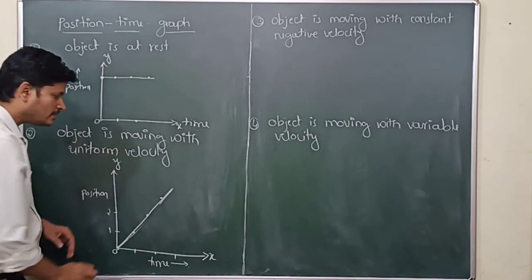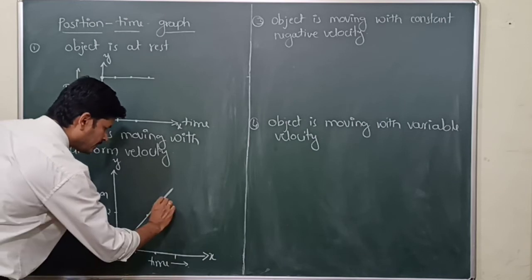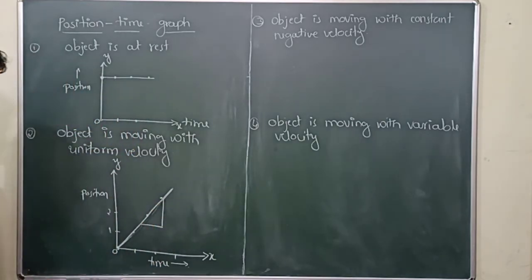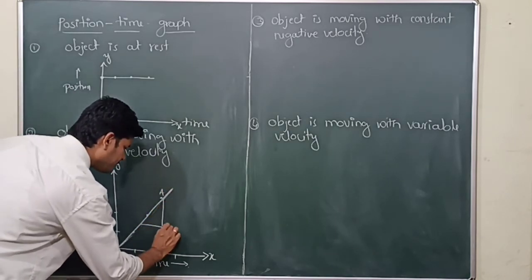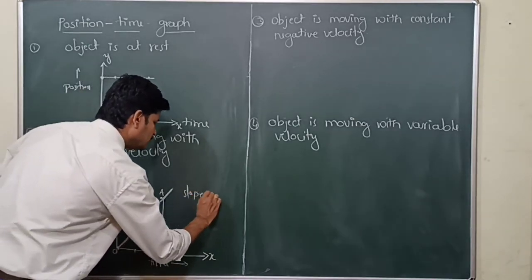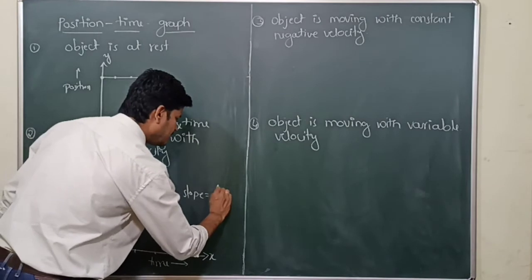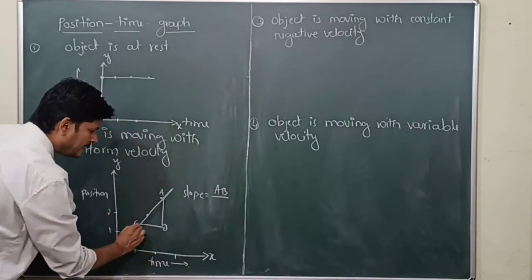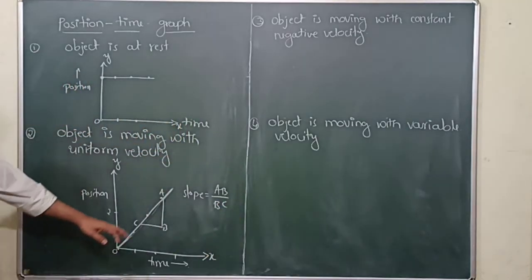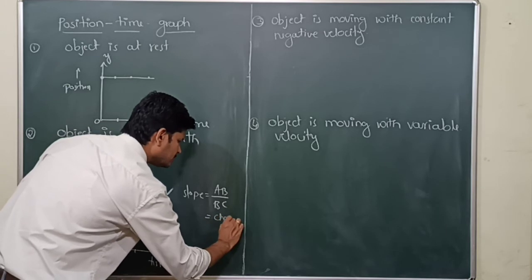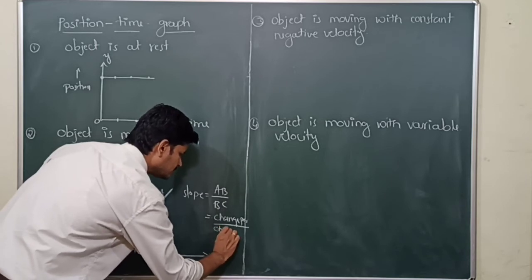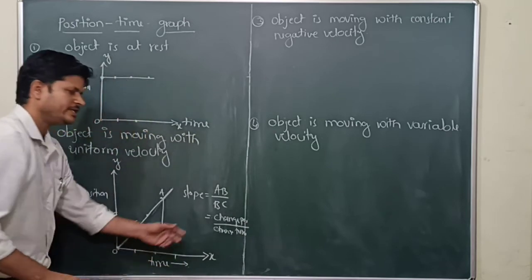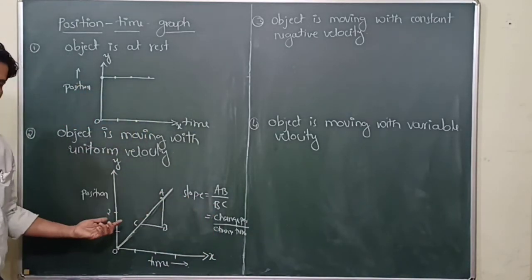If you take the slope of this line, which gives the velocity of the object, with points A, B, C, the slope is nothing but AB divided by BC, that is the change in the position to the change in the time, which gives the velocity of the object.